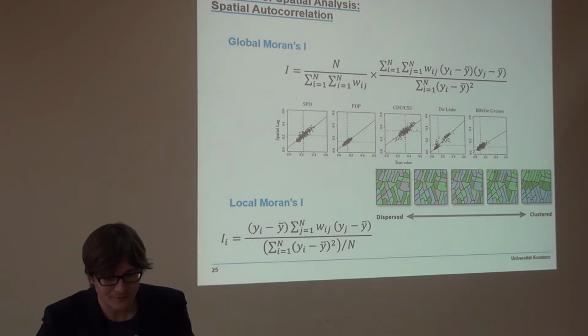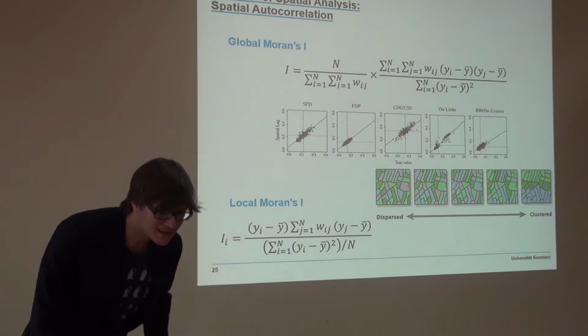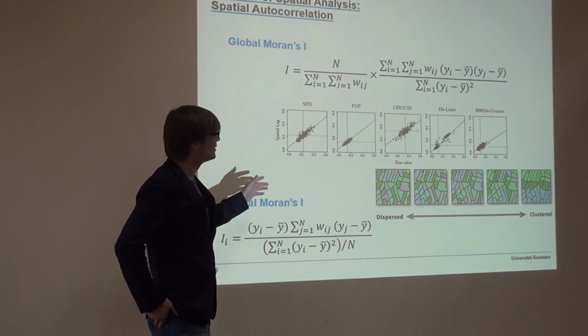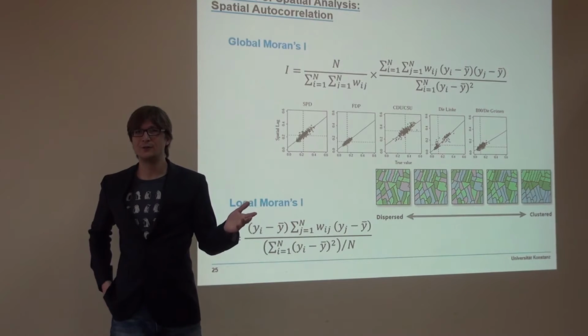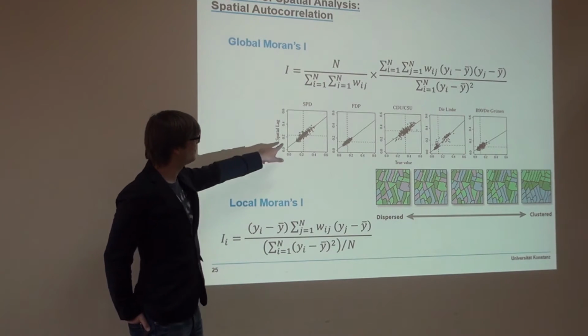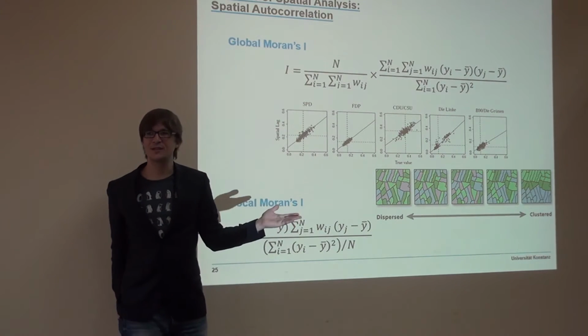But an example is the share of voters in voting districts. This is kind of a classical example. And you always get this kind of small scatter plots.